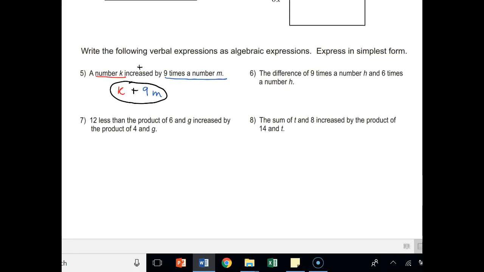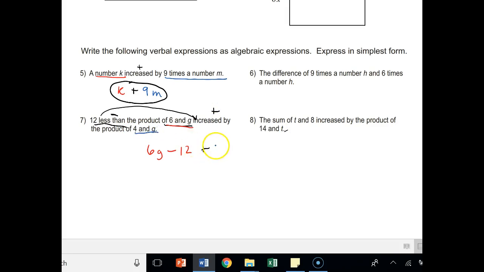I did number 5. I'll also do number 7. 12 less than, remember that's subtraction, but the 12 will go after what they want, the product of g and 6. So, oops, sorry, I'll say that's in red. So 6g minus 12 are those two terms, because it's 12 less than the product of 6 and g increased by the product of 4 and g.